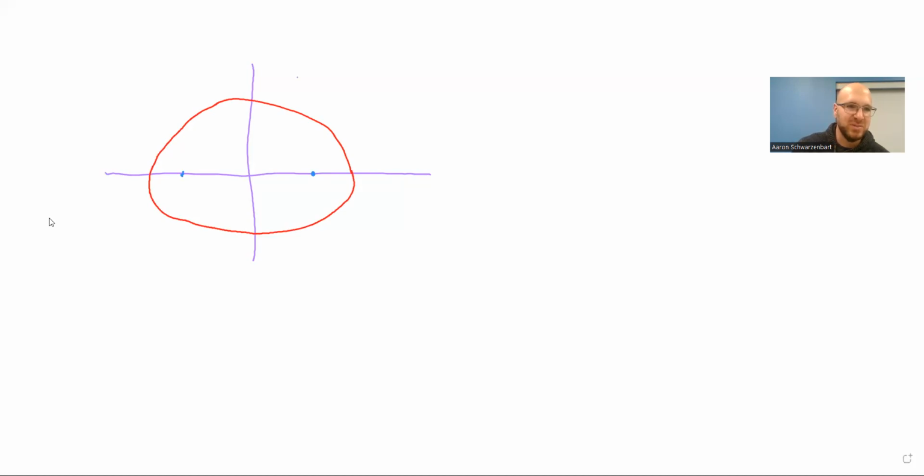So with an ellipse, all these distances have to be constant. So I'm labeling the distances.